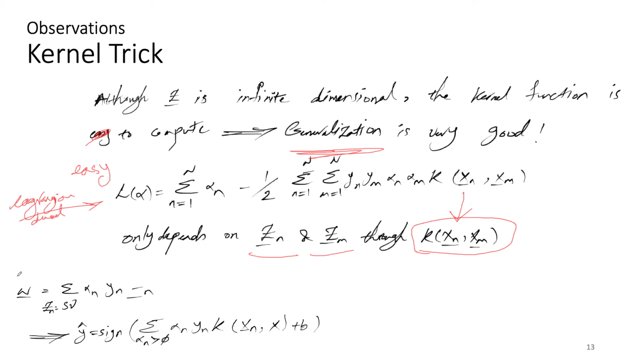And then you can compute the W's for the support vectors using the alpha, where you have your b equal to ym minus the summation of alpha n, yn, K(xn, xm), right? So that was the whole kernel trick.